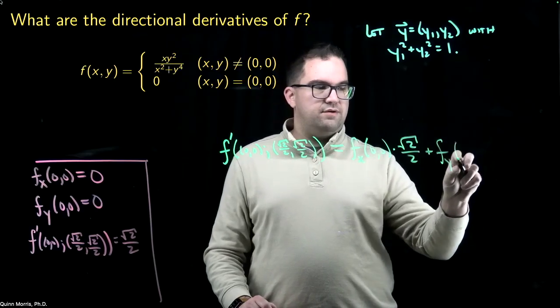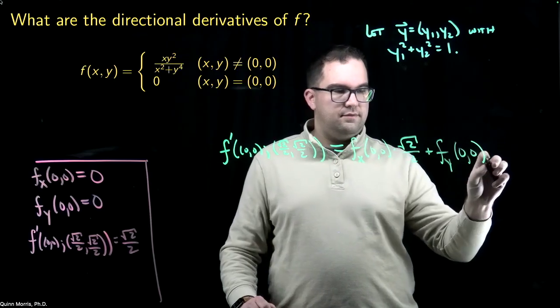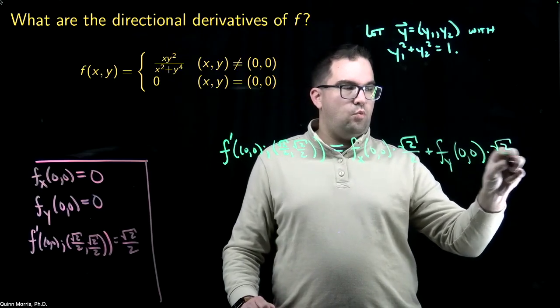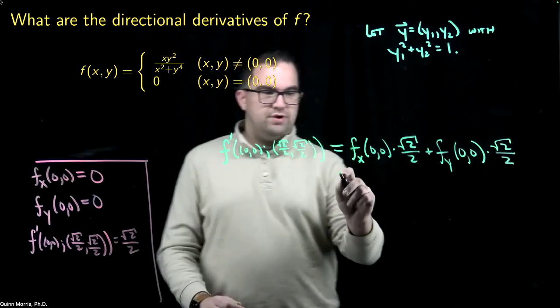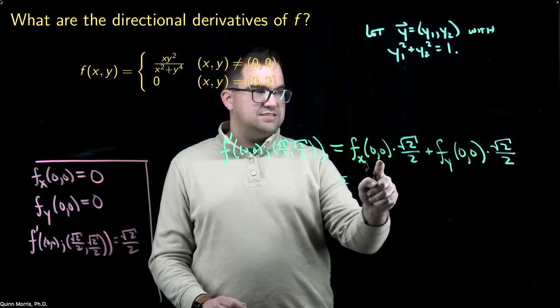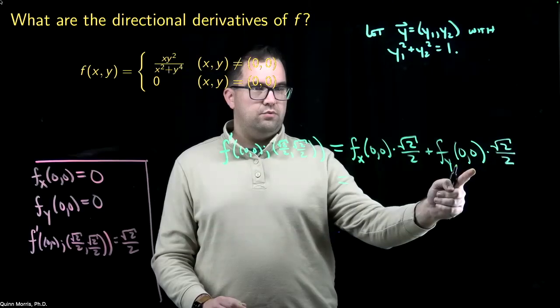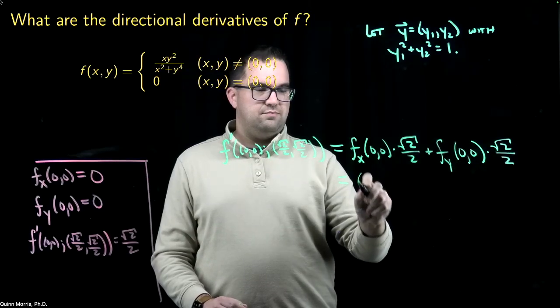Then take the partial derivative with respect to y and multiply it by the y component of the direction you're moving in, and that'll give you the directional derivative. Well, in this case, that's 0 and that's 0. That would give me 0.